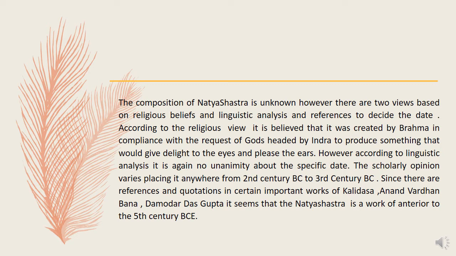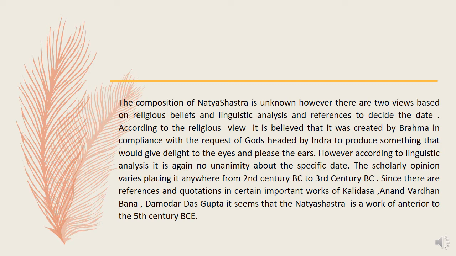However, according to linguistic analysis, there is no unanimity about the specific date, but scholarly opinion places the composition of Natya Shastra somewhere between the 2nd century BC and the 3rd century BC.